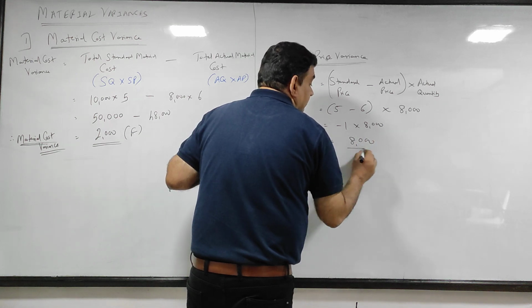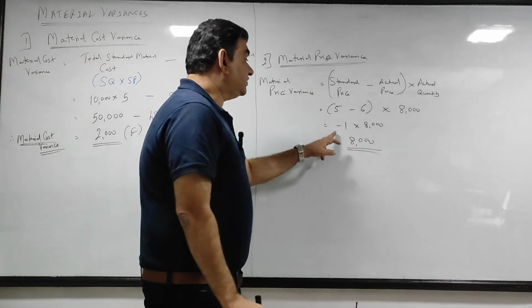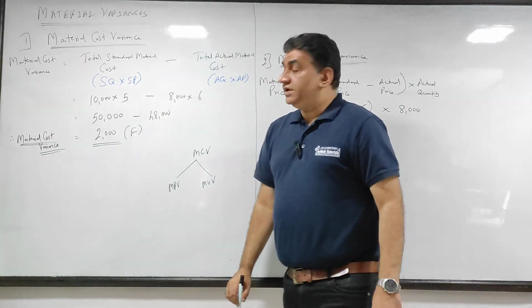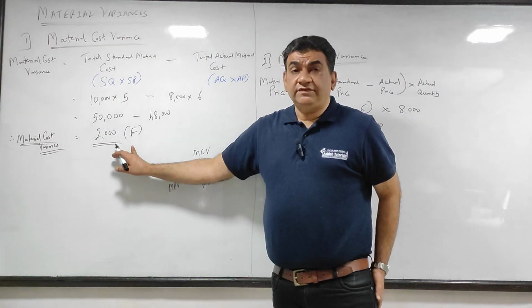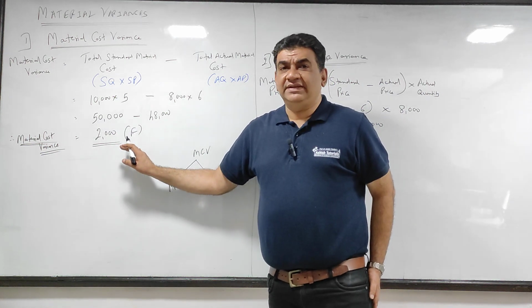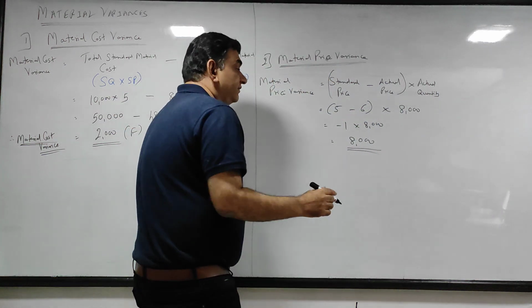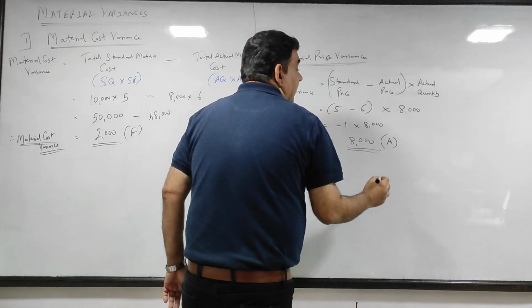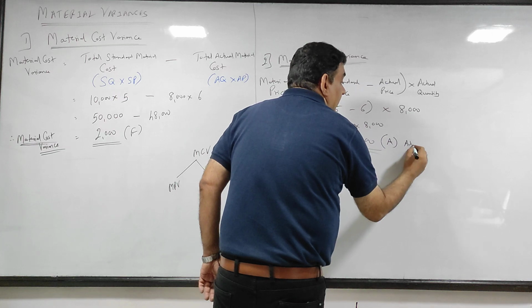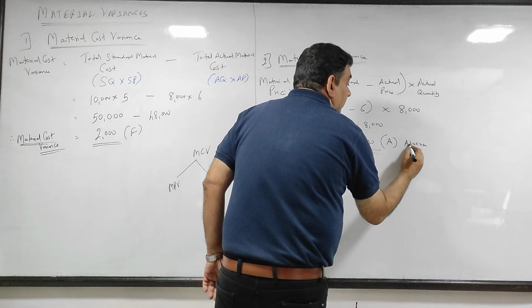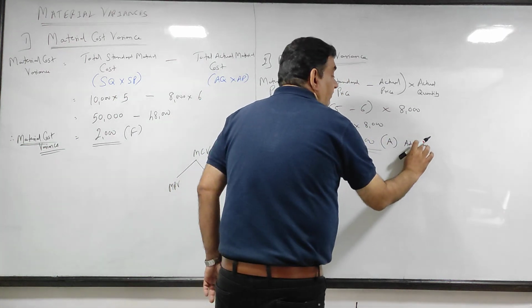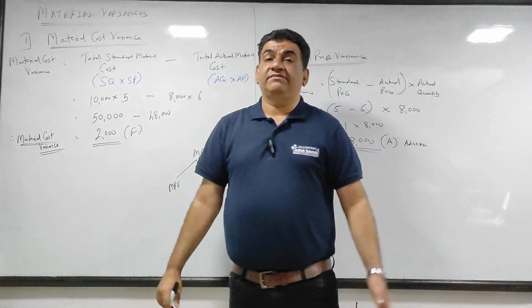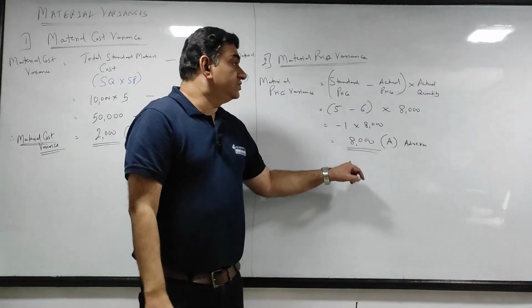Now listen guys. Minus 1 into 8,000 is negative. What I told you here: positive, so we use the word favorable. This is negative, so don't write the minus sign. In brackets put A. A means adverse. Adverse means negative, not favorable, and F means it is positive, favorable. So 8,000 adverse.